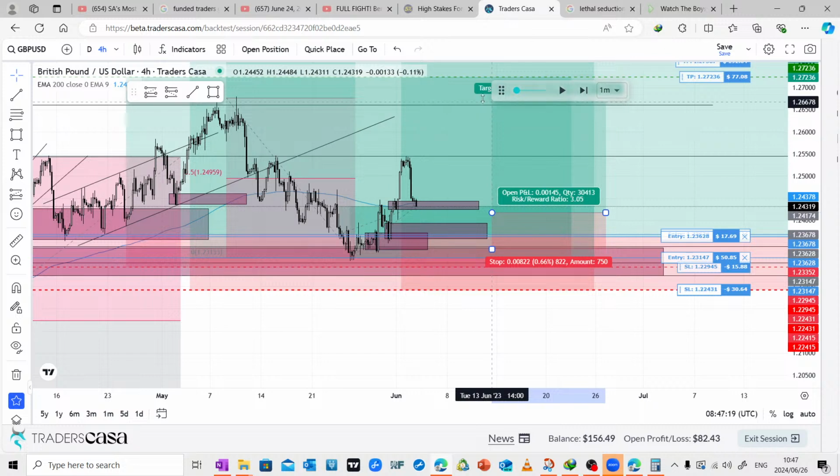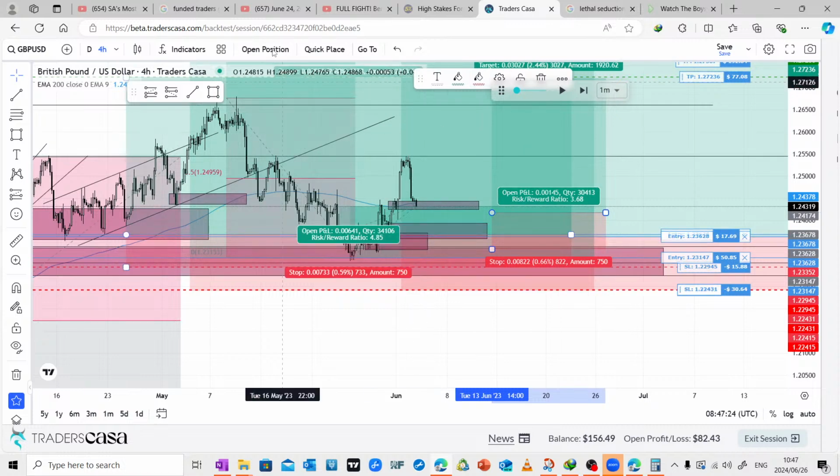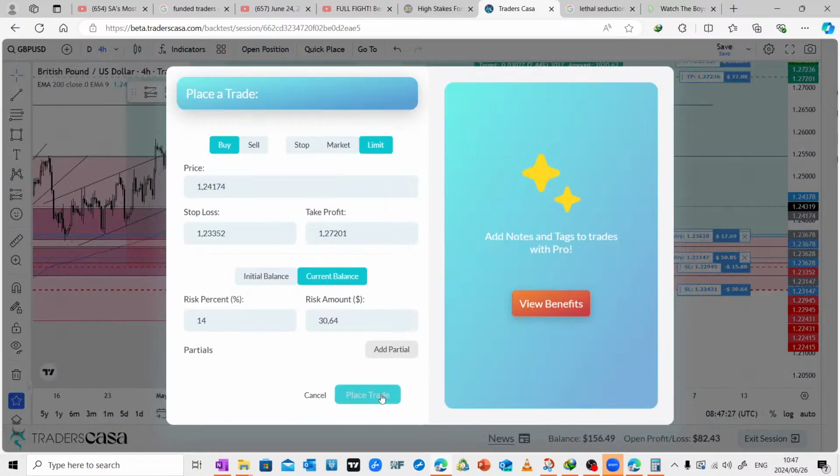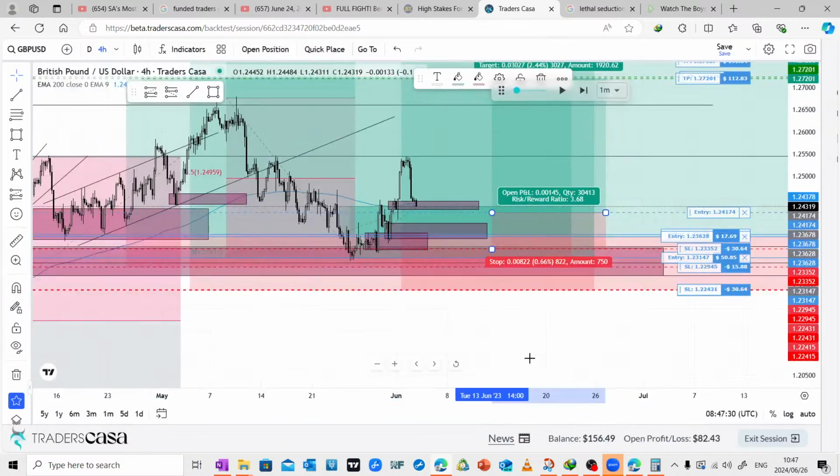And then I'll take my profits same way above those highs, and then open another position. Still risk 14%, although I'm opening many trades, but I know these are like long-term trades. And let's go.